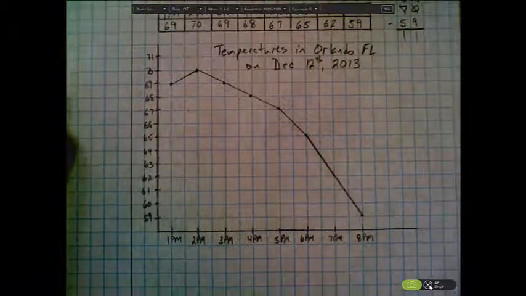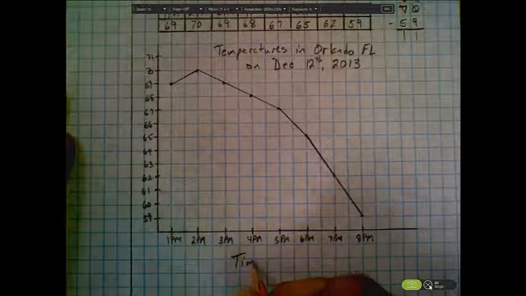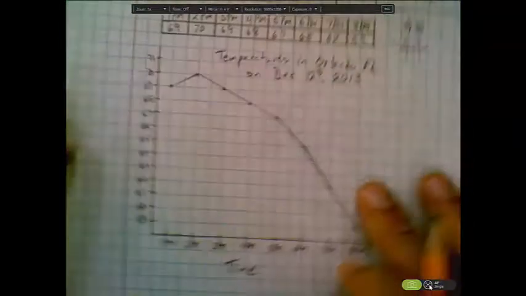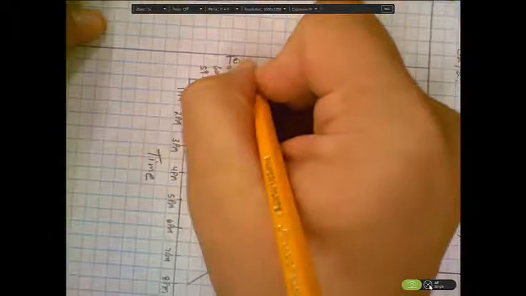For our x-axis, that is time. And then I'm going to turn the paper sideways. And for our y-axis, this is temperature. And I'm going to show that it's in degrees Fahrenheit.